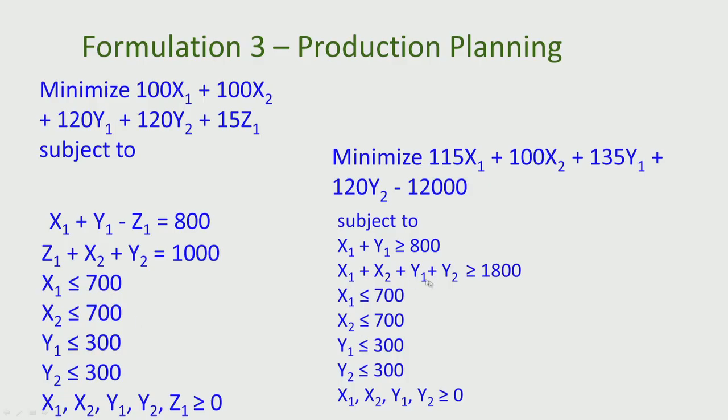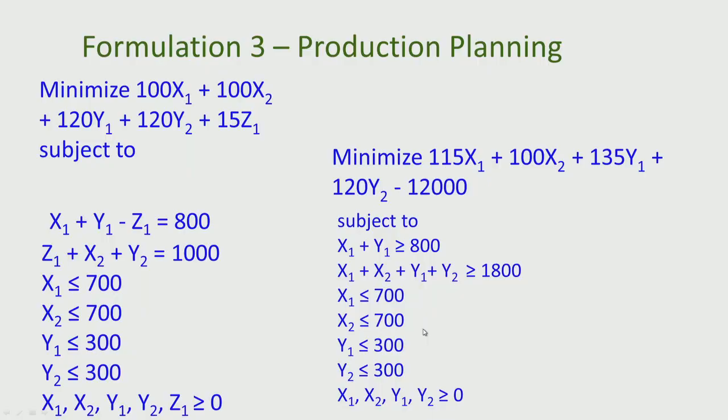There are again 6 constraints, 2 for the demand constraints and 4 for the capacity constraints. Now, in this formulation, the two demand constraints are greater than or equal to constraints, and the 4 capacity constraints are less than or equal to constraints. So, in the second formulation, we have one variable less and the constraints are all inequalities instead of equations.